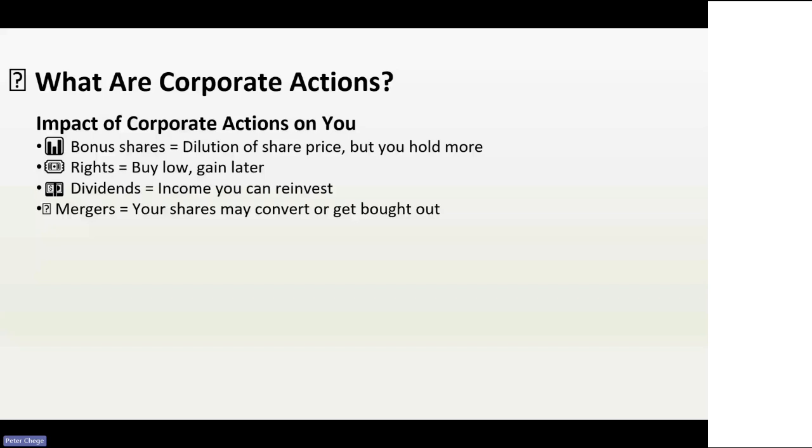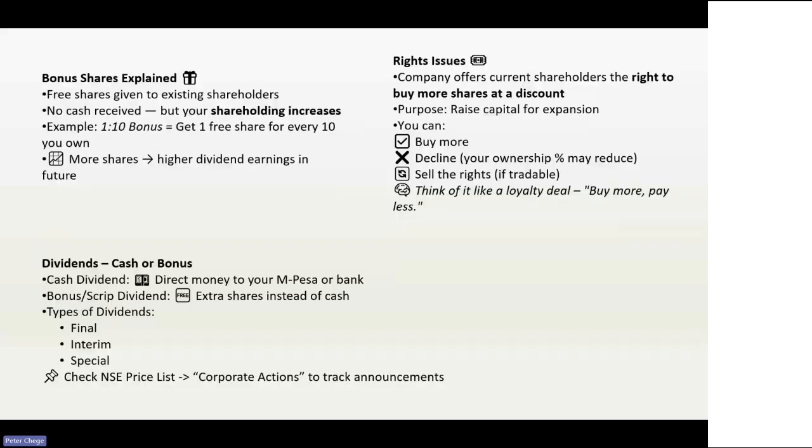We have bonus shares. Let me explain what it is. These are free shares given to existing shareholders. So a company announces profit, but they don't want to give cash to their investors, so they give additional shares, then reinvest these gains. So these are not cash dividends.